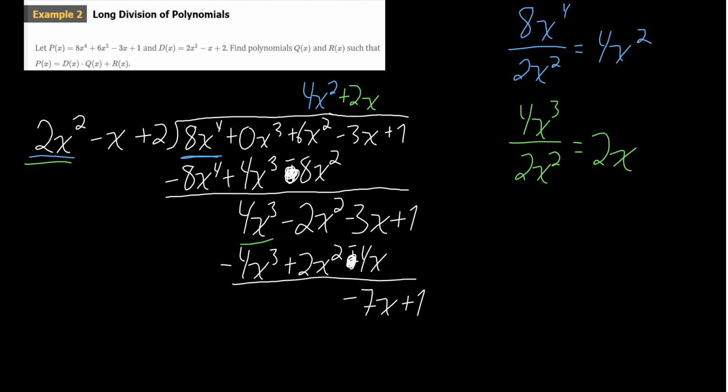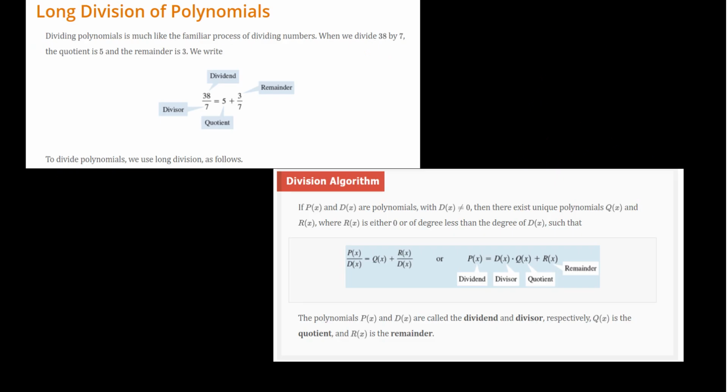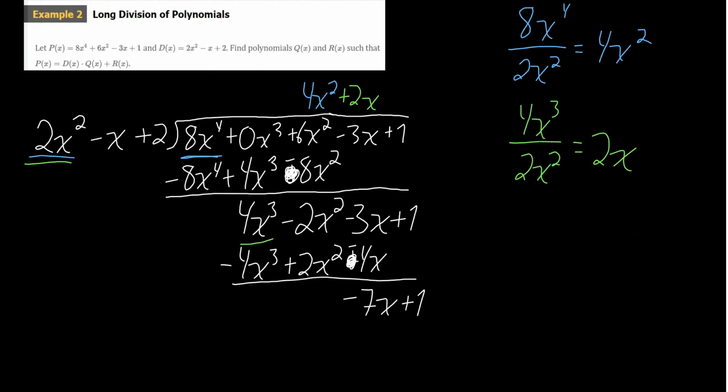It wants us to find the polynomials Q and R such that we have the divisor. Yeah, the divisor is the D, and P would be the dividend. Sorry. We have the divisor times the quotient plus the remainder. So P of X is equal to D, which is the divisor, times the quotient plus the remainder.